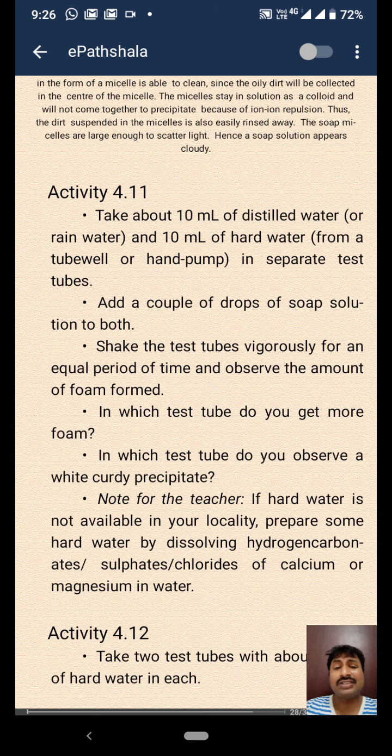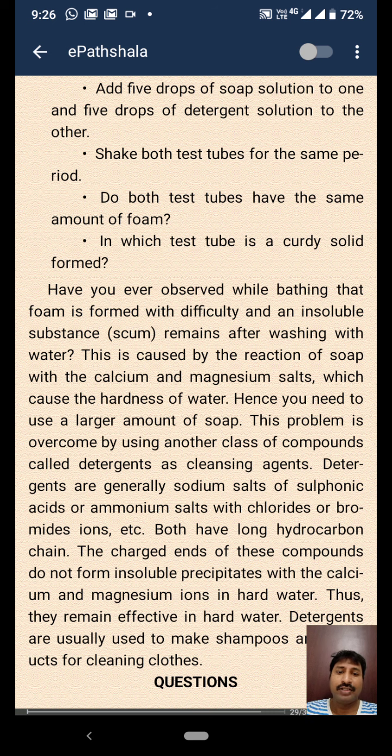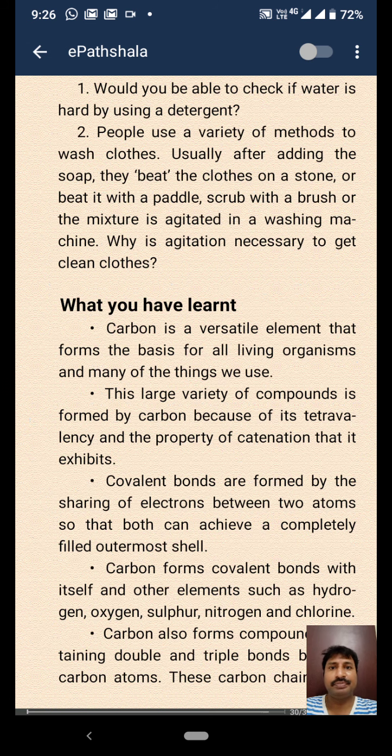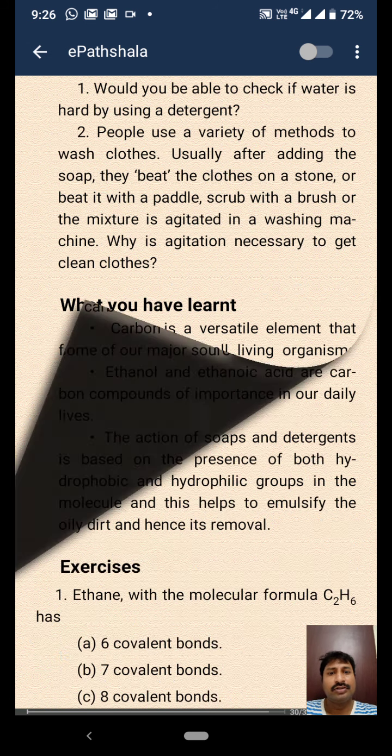What are the salts that are present in the water? Inorganic salts that do not dissolve with soaps, like magnesium and calcium salts, are present in it.